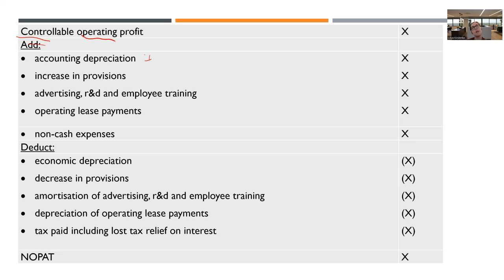Then we say advertising, research and development cost, and employee trainings are those expenses that bring us long-term value. So we need to capitalize that. Capitalize that means that instead of recording it as debit expense, credit cash, we will record that as debit asset, credit cash.